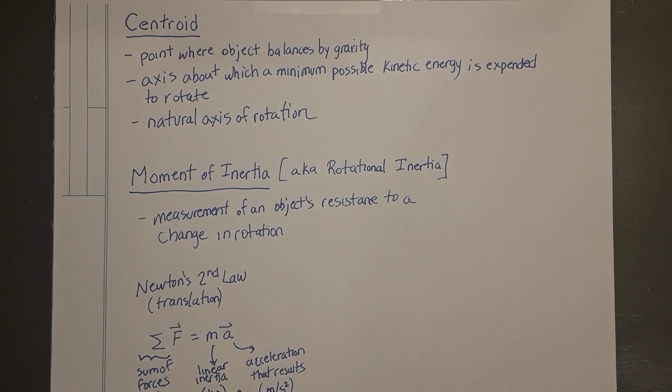In translational motion, the linear inertia, the mass of the object, is a property of that object.